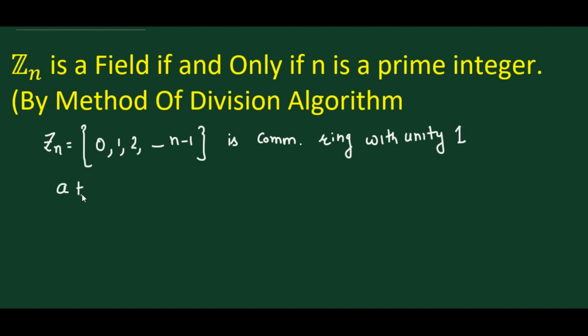First is addition. We have defined this operation as the remainder when a plus b is divided by n.